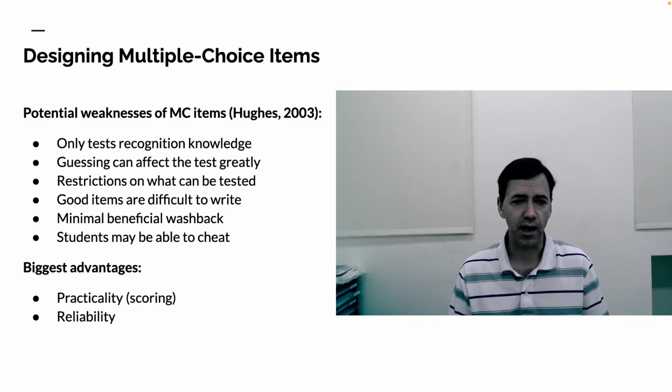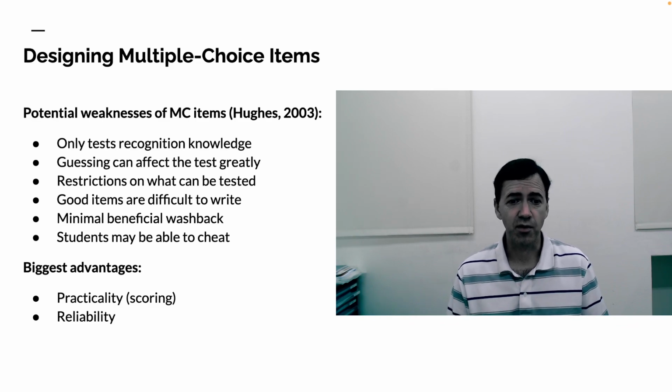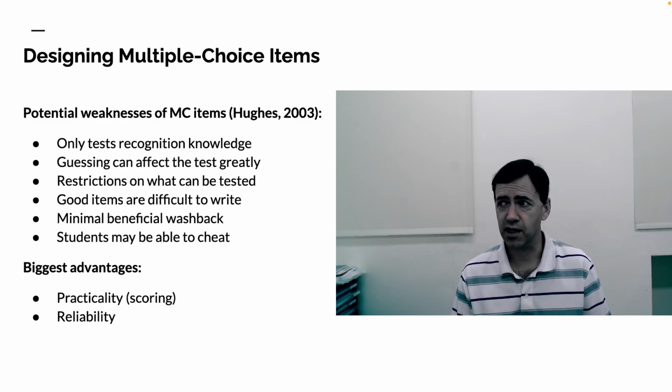Okay, third one, there's definitely a restriction on what you can test because it is multiple choice. Good items are very difficult to write and they're quite time consuming. There's minimal beneficial washback because actually, for you too, even if a student gets 85% on a multiple choice test, that doesn't really tell you a lot unless you know that that test is very well designed.